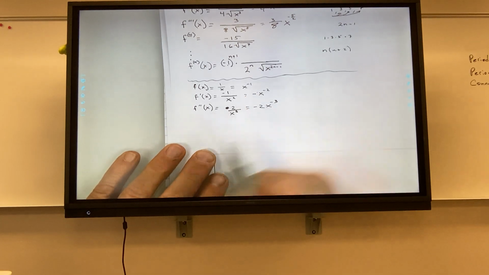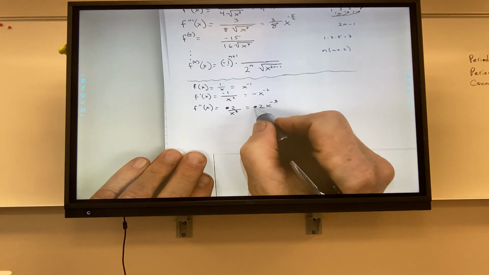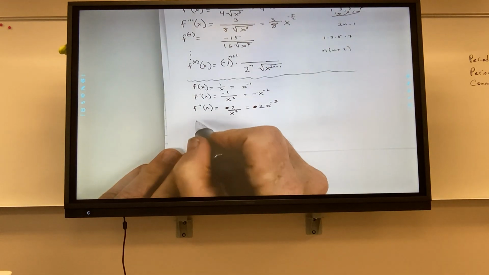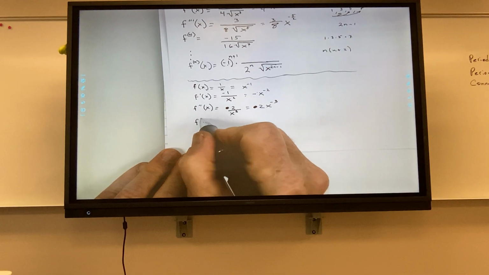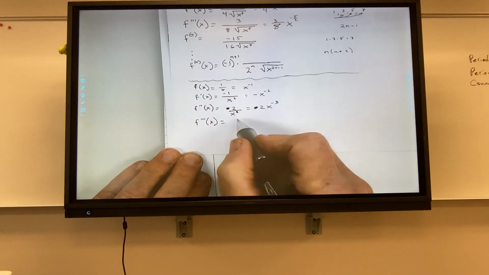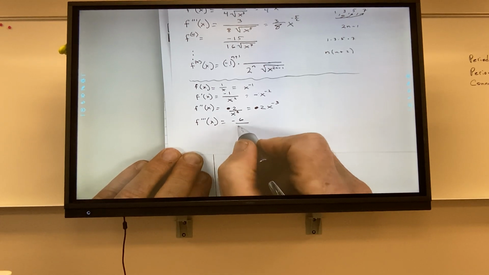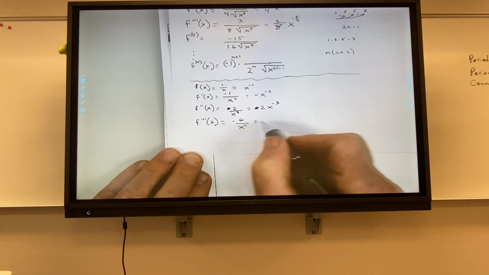It's going to be positive. So 2x to the negative 3rd power. Austin, is he correct? The third derivative would be negative 6 over x to the 4th. Very good.